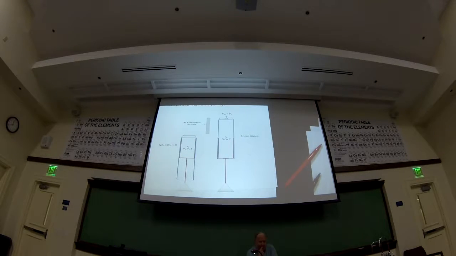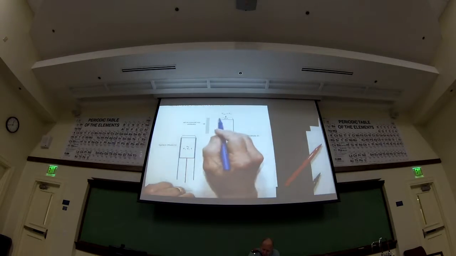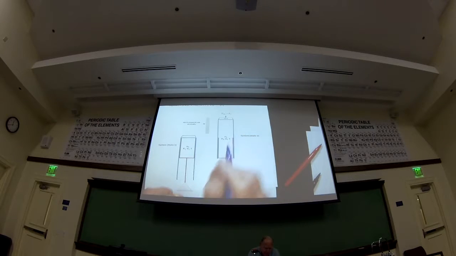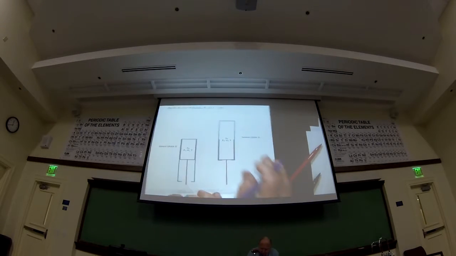Now we want to go back to stage one. What do we do? Here's where we're sitting now.